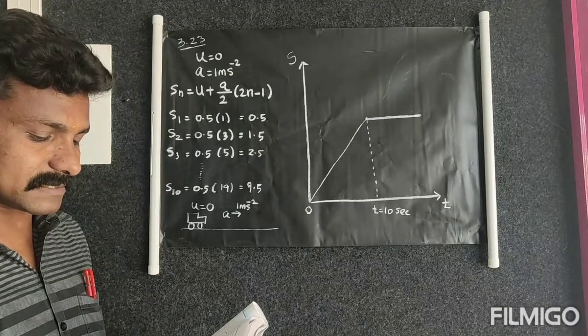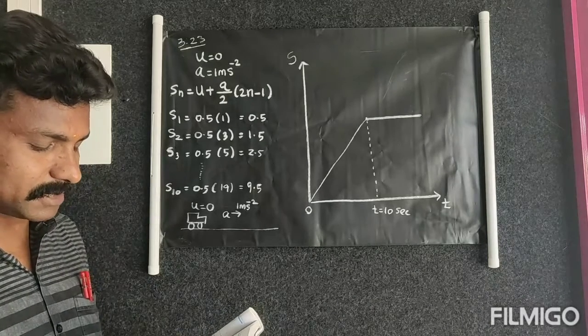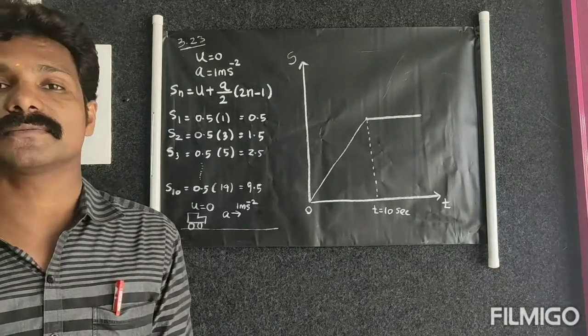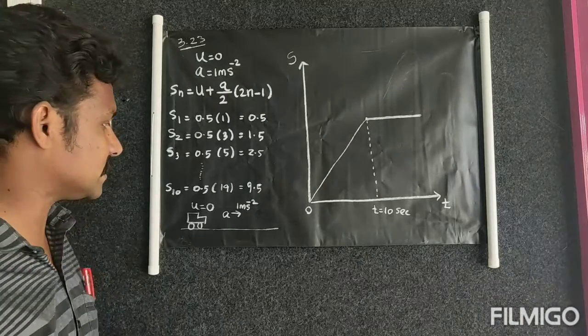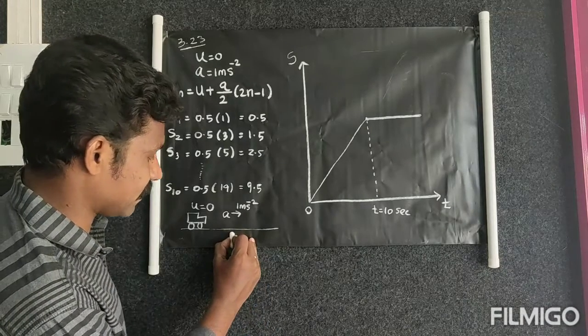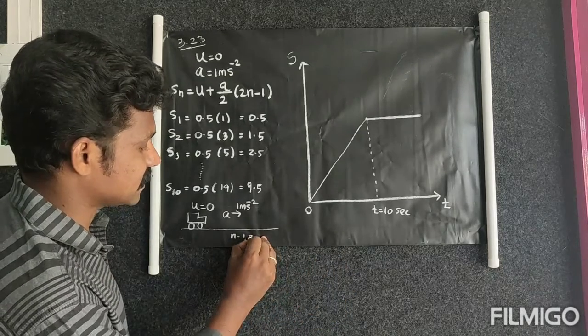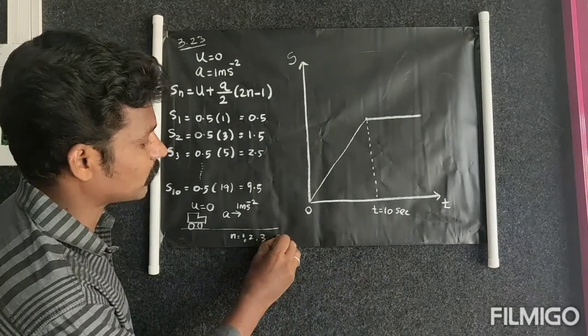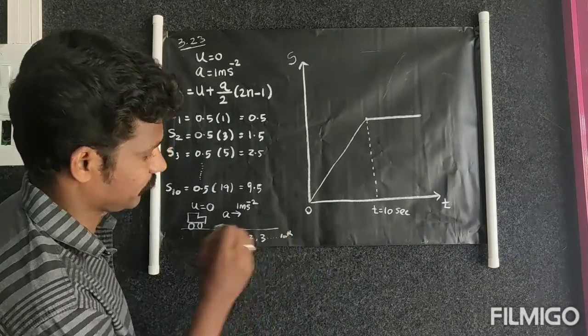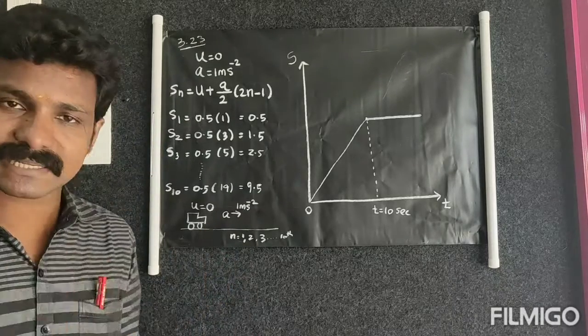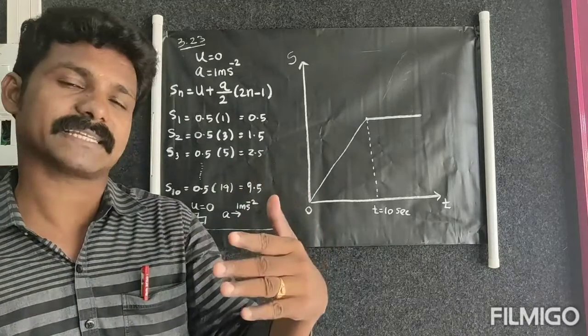Plot the distance covered by the vehicle during the nth second. Here n means the time, so the first second, second second, third second, up to the 10th second, because the acceleration continues up to 10 seconds.